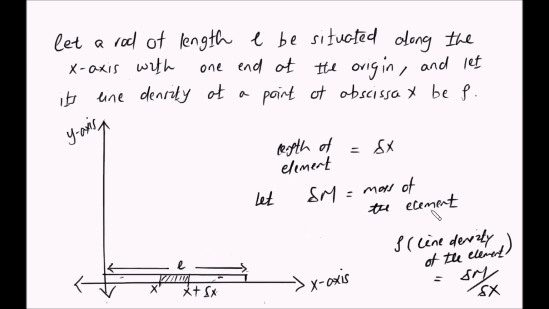ya hiki kipande hapo. So the line density now of the element, this one is the line density of the element, ni sasa na delta m over delta x. Manake sasa if I cross and multiply, I'll get the mass of the element.